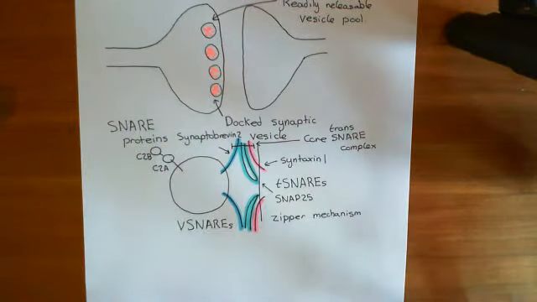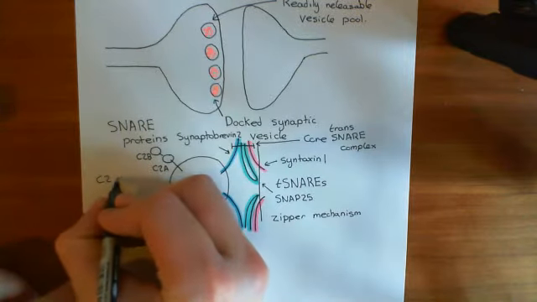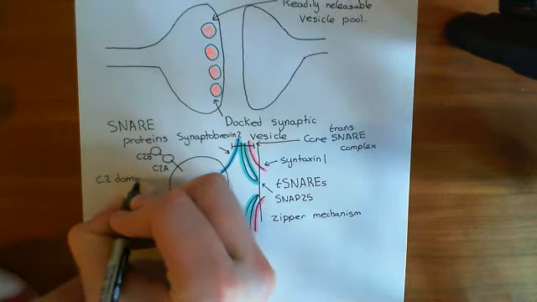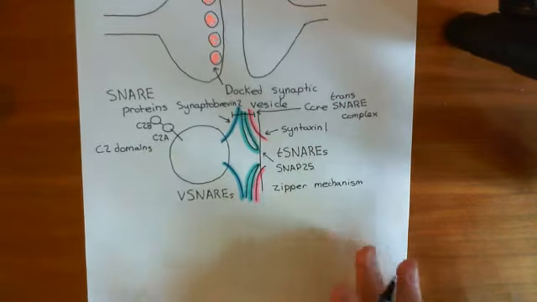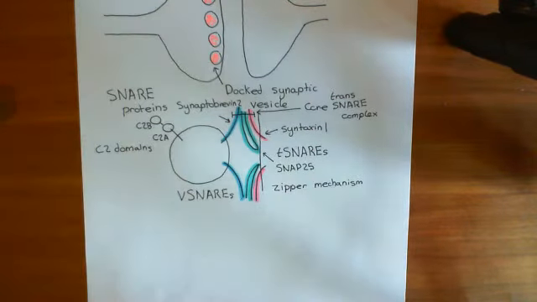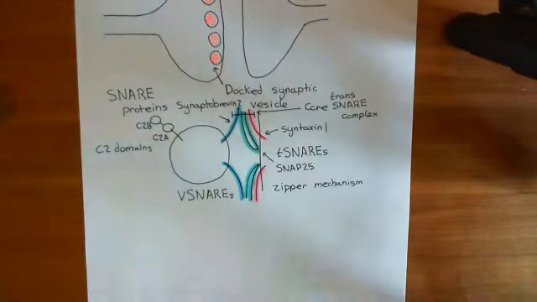Okay, now C2 domains, as they're called, are protein domains which are capable of binding calcium. And the structure of a C2 domain is what's known as a beta sandwich, basically. A beta sandwich is basically 2 beta pleated sheets stacked on top of one another.